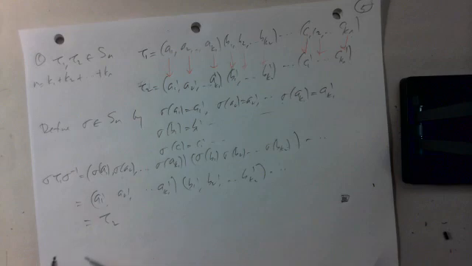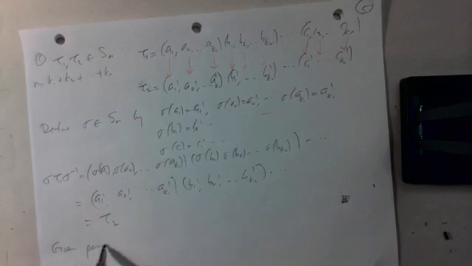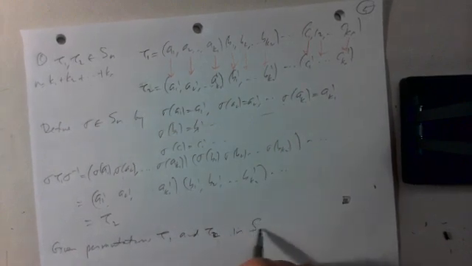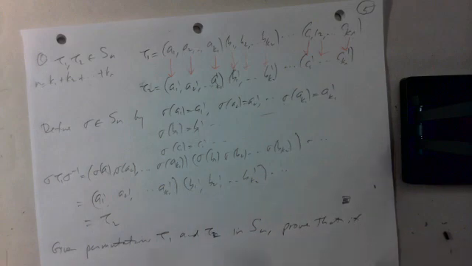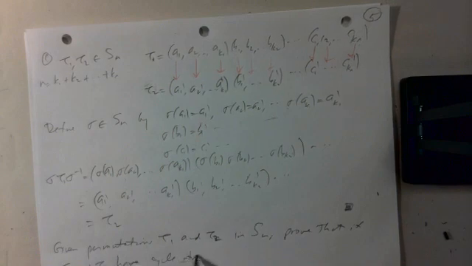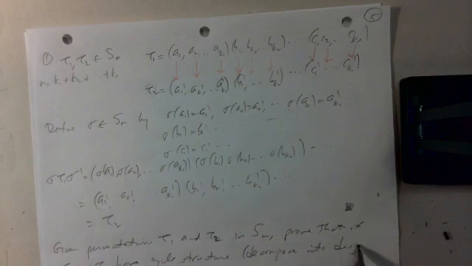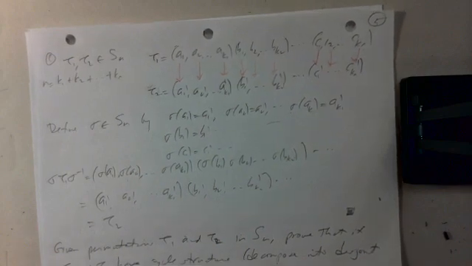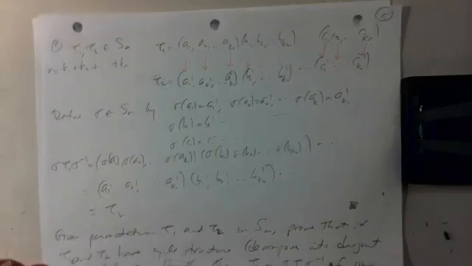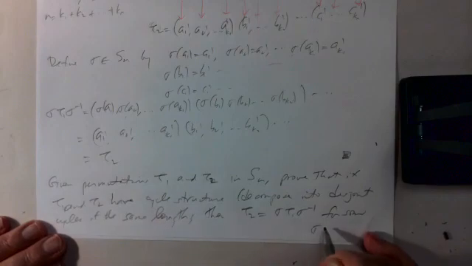So another way of stating the second question was, given permutations tau 1 and tau 2 in the symmetric group Sn, prove that if tau 1 and tau 2 have the same cycle structure, that means they decompose into disjoint cycles of the same lengths, then tau 2 is sigma tau 1 sigma inverse for some sigma in Sn.